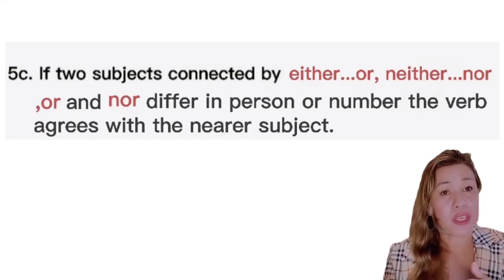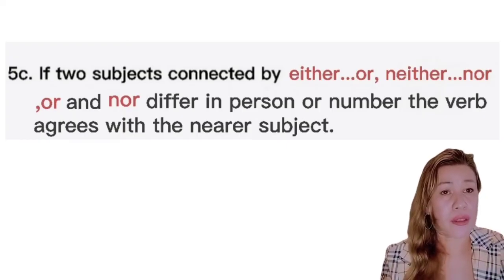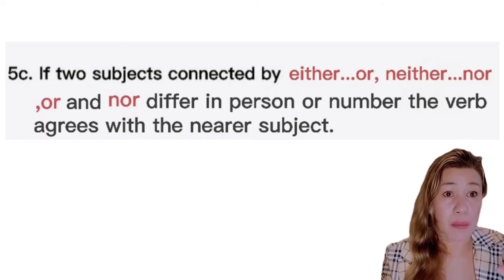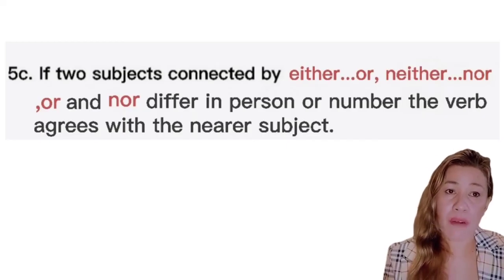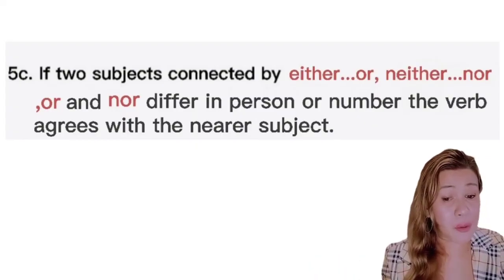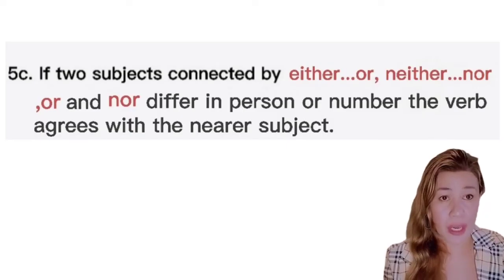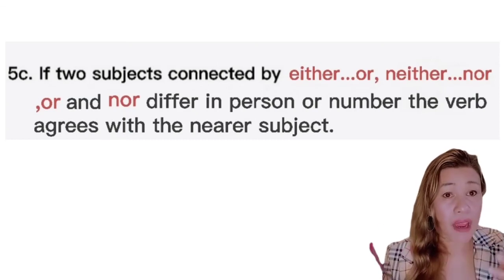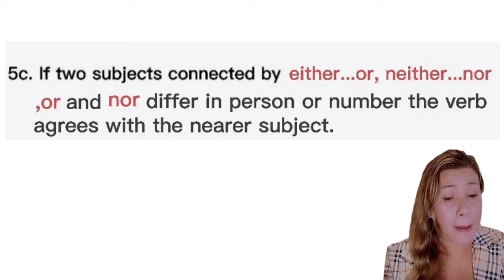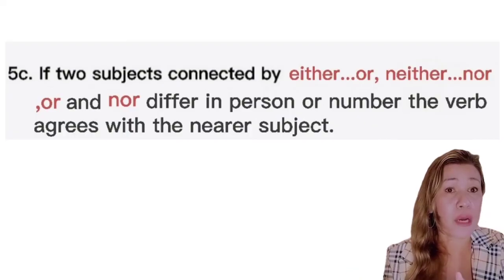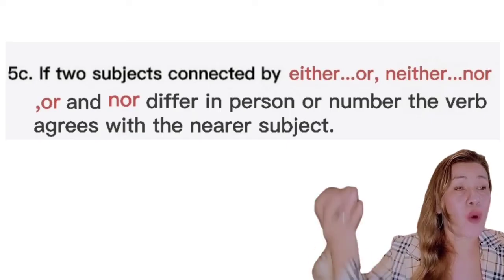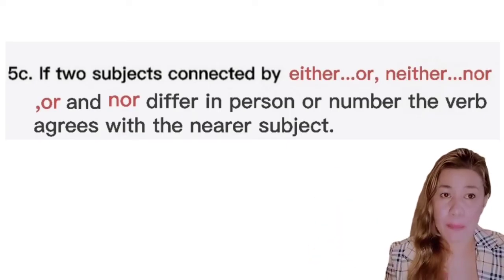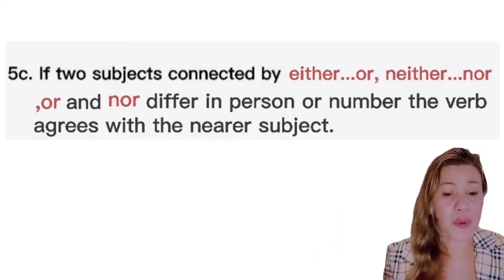If both are plural, then you will be needing a plural verb. But in this 5C rule, you have two subjects joined by the same connectors. However, the number of our subjects now differ. Differ meaning one is singular and the other is plural. So we have a separate rule for that.